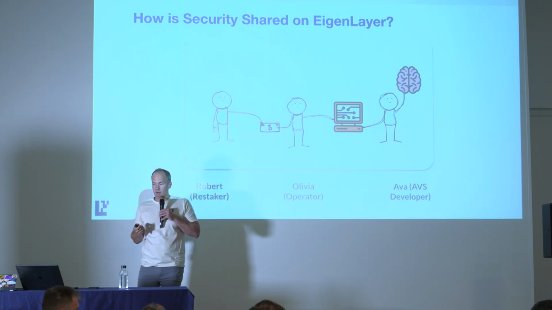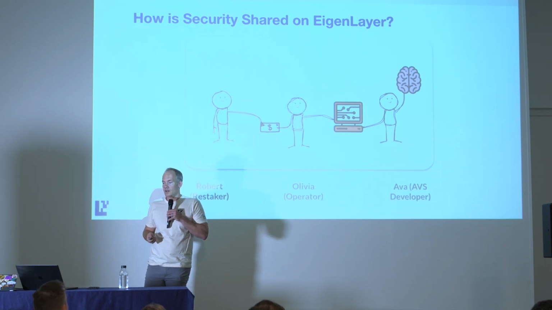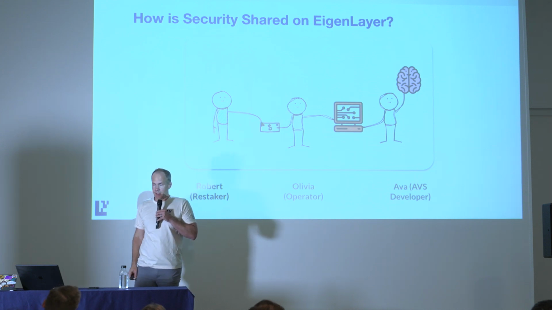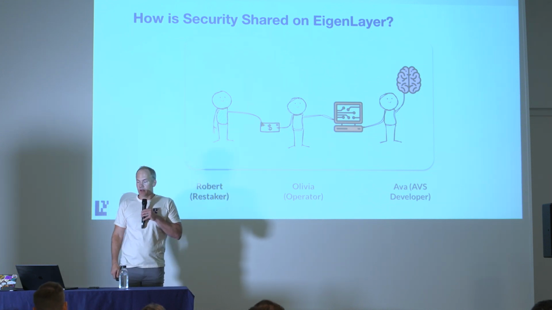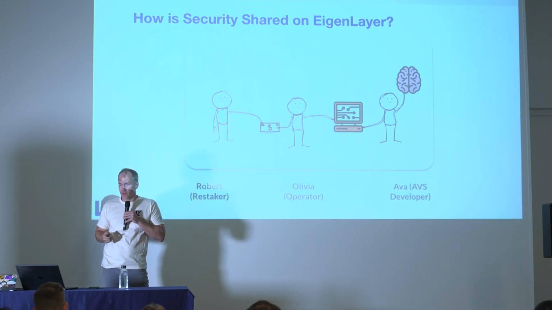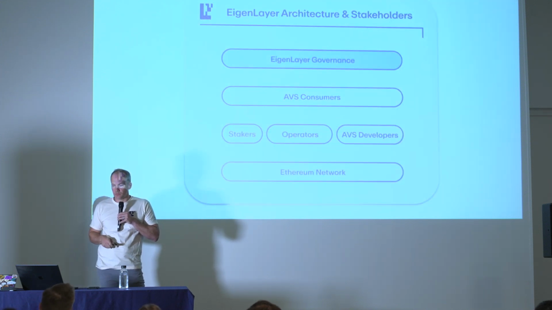Olivia might run Ava's AVS. Olivia might run my AVS. Olivia may run a few other interesting AVSs, maybe a roll-up, something else like that. But that trust is going to be established with the operator. And so this is how the market is going to start. The operator is going to opt into the service, and then they're going to offer it to the end user.